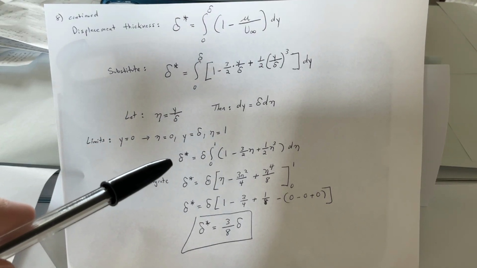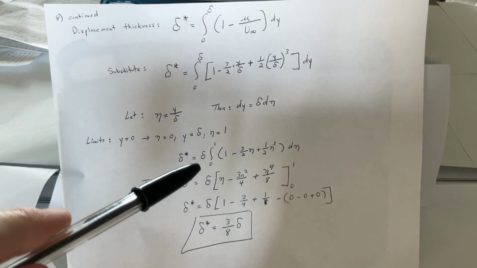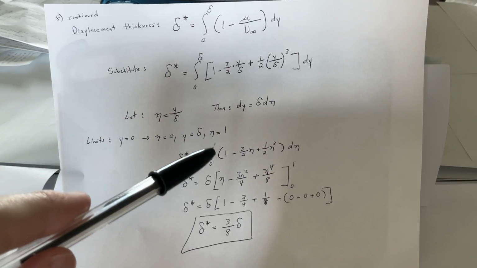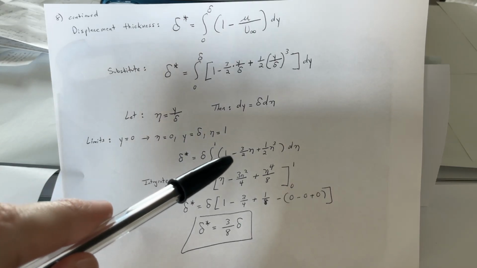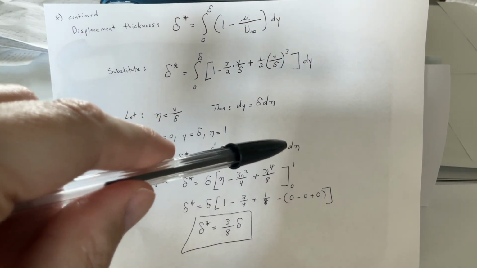So here we have delta asterisk equals, take out the delta, from 0 to 1 of 1 minus 3 halves nu plus 1 half nu cubed d nu.